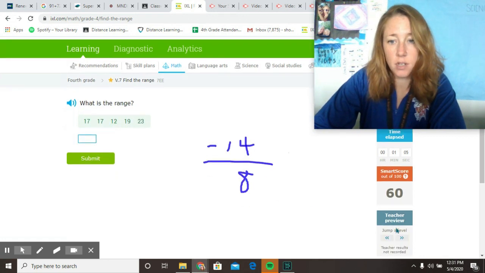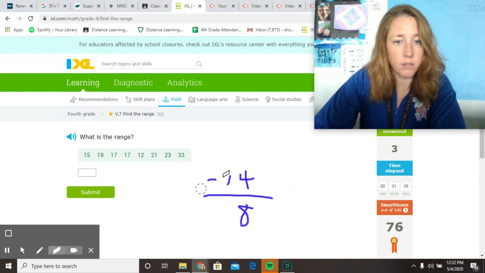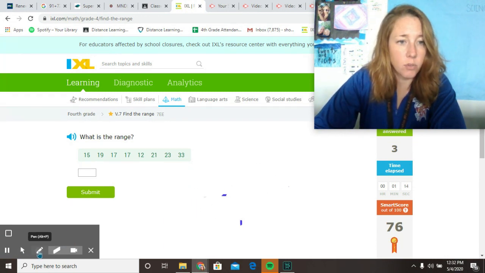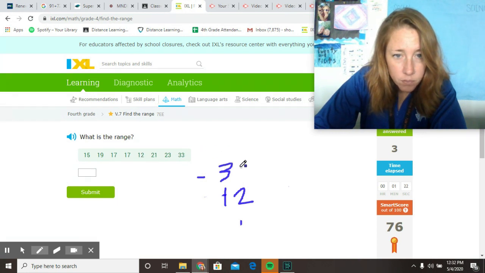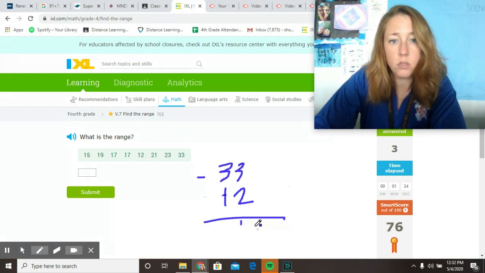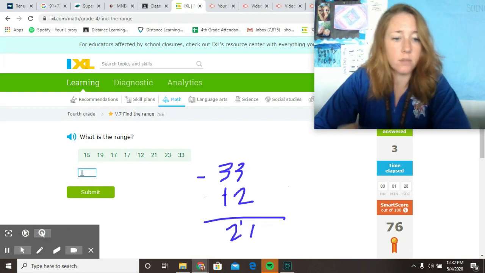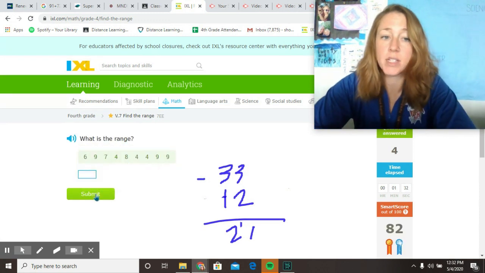Okay. Skip. And erase this. So my smallest number over here, I have a 12. My largest number is a 33. Subtract those. Get 21. So my range is 21. Okay, find range. Pretty simple.